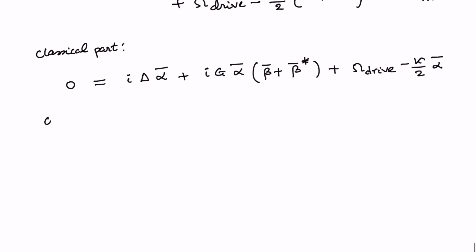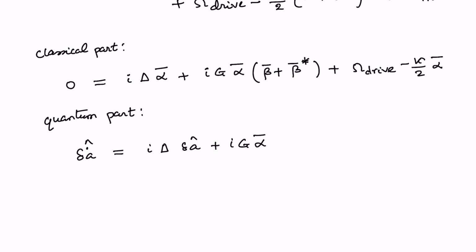And for the quantum part, if you compare both sides, on the left hand side I have delta A dot, that is equal to i delta delta A plus iZ alpha bar into (delta B plus delta B dagger).